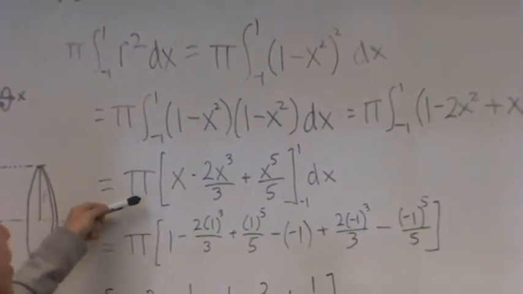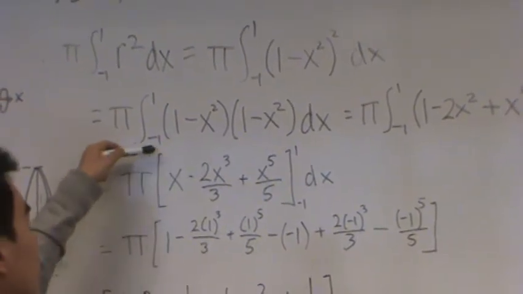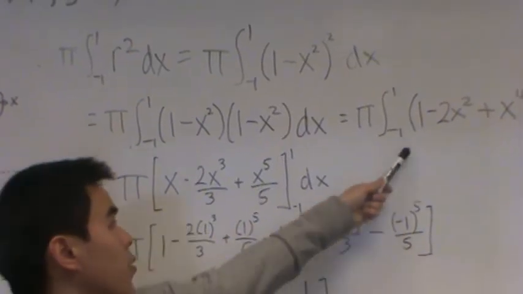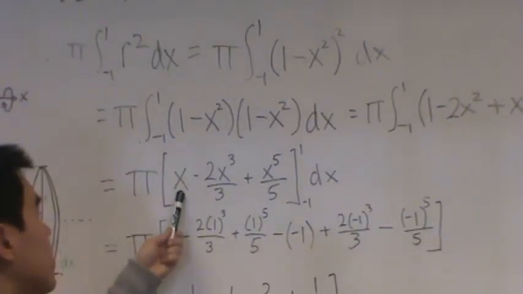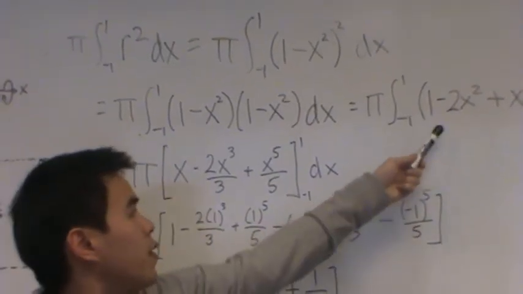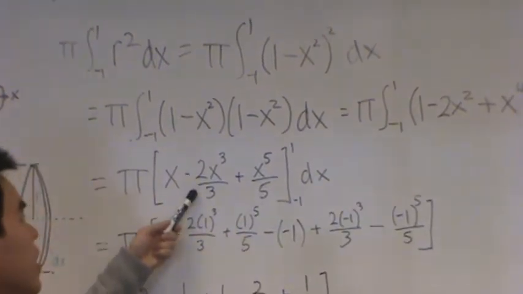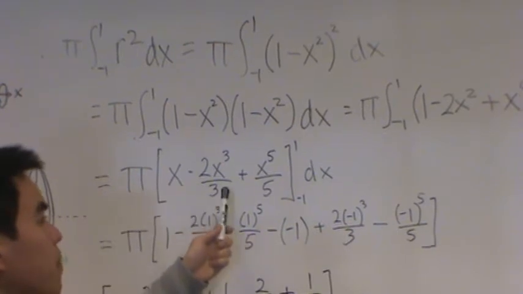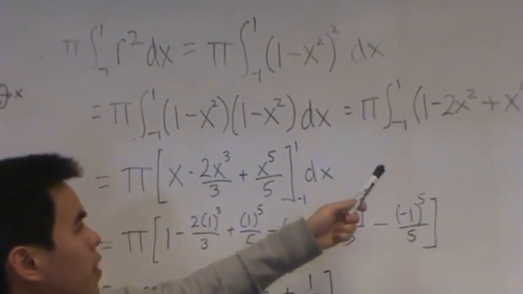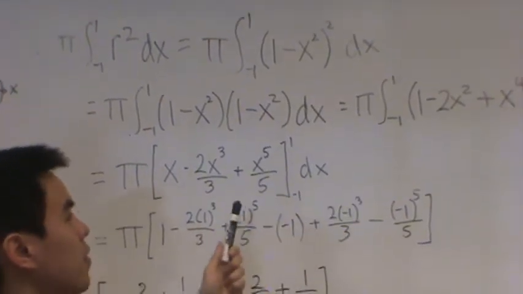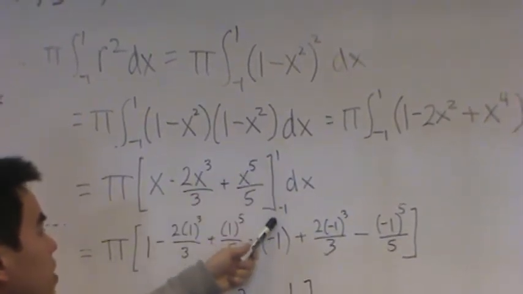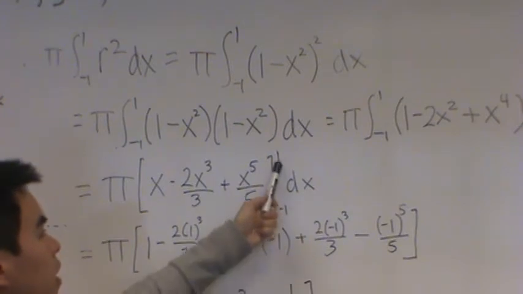So what we get is pi multiplied by a bracket, and the integral of 1 is x, the integral of negative 2x squared becomes negative 2x cubed over 3, plus the integral of x to the 4th becomes x to the 5th over 5, all of this from -1 to 1.